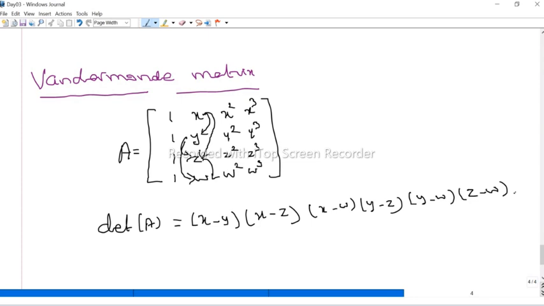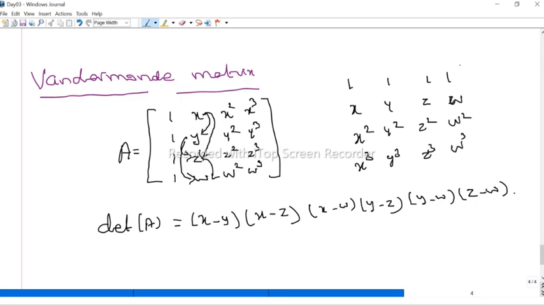So this is the determinant of the Vandermonde matrix. The Vandermonde matrix looks like this: 1 1 1 1, x y z w, x square y square z square w square, x cube y cube z cube w cube. Any matrix of this form is a Vandermonde matrix. Sometimes the matrix may be given like this: 1 1 1 1, x square x cube, y square y cube, z square z cube, w square w cube.